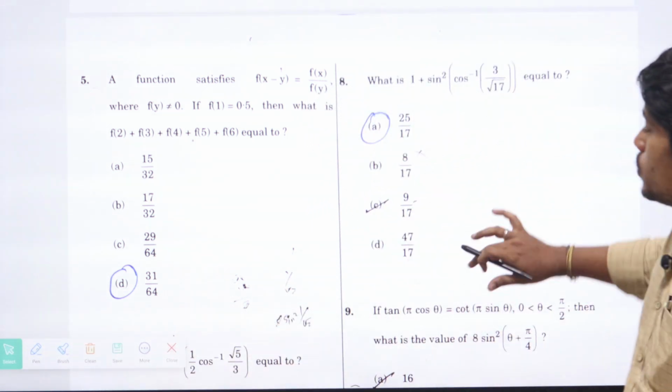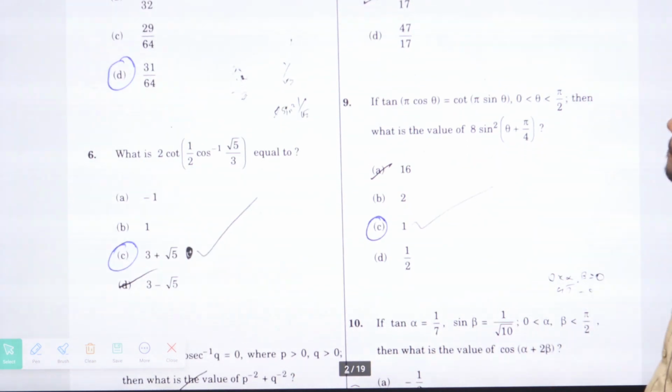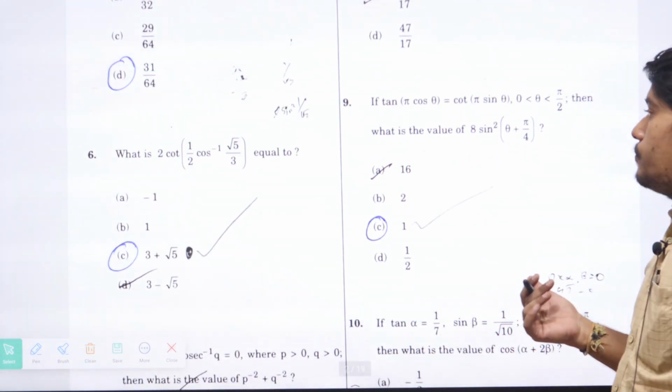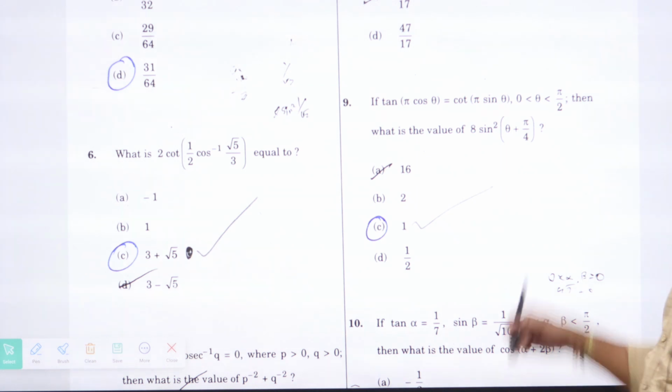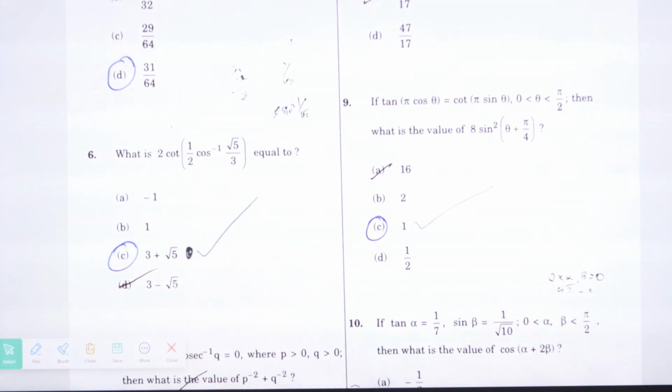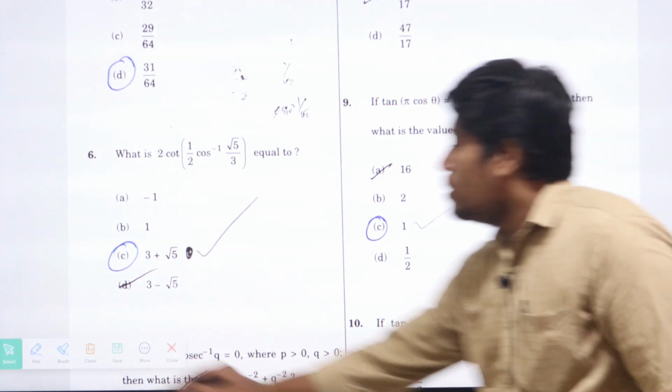So next, question number 9. If tan of pi times cos theta is equal to cot of pi times sin theta, where theta lies between 0 and pi by 2, then what is the value of 8 times sin square of theta plus pi by 4?